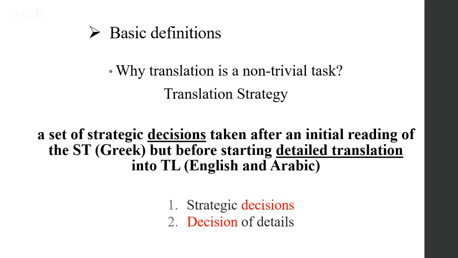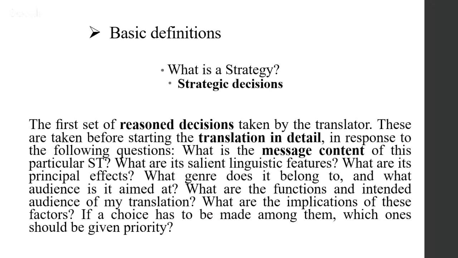What are strategic decisions? These are the first set of reasoned decisions taken by the translator. These decisions are taken before starting the translation in detail, in response to the following questions. What is the message content of this particular source text? What are its salient linguistic features? What are its principal effects?